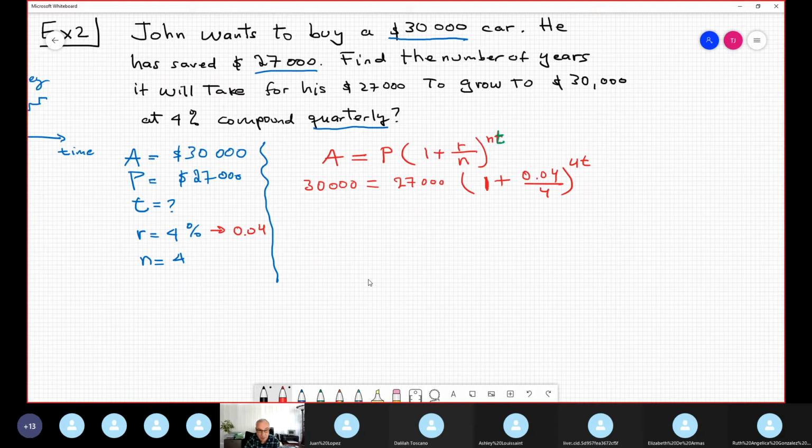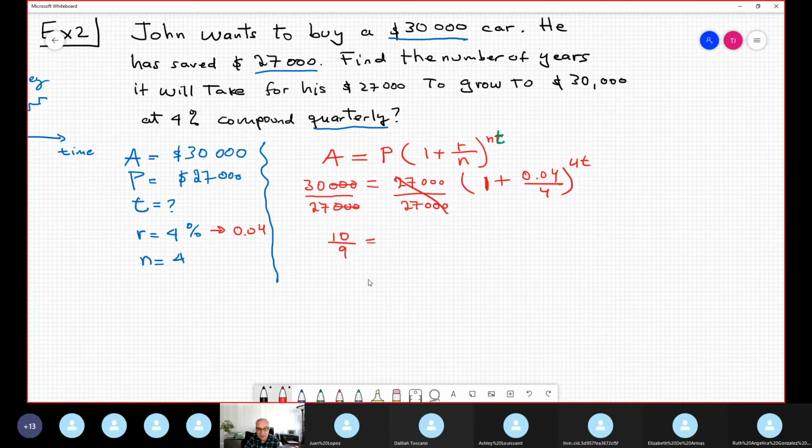Now, why not? You divide both sides. My goal is to solve for t, so divide both sides by 27,000. It's obvious. Can cancel out this 0. Well, this is gone completely, 1. And divided by 3 is 10, and divided by 3 is 9.